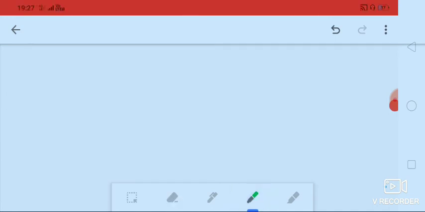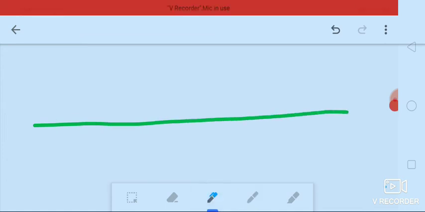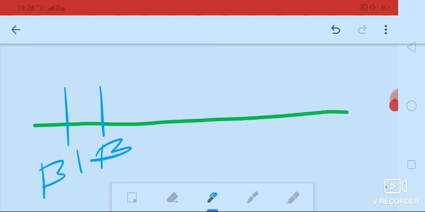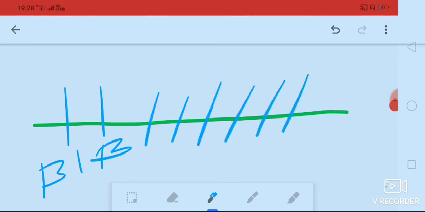Suppose I am taking here beta, and again I am taking beta dash. Every element of A is on the right-hand side of beta.